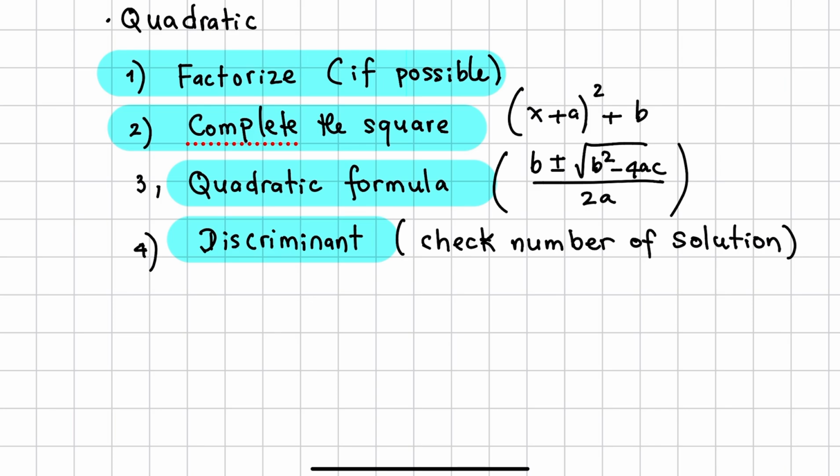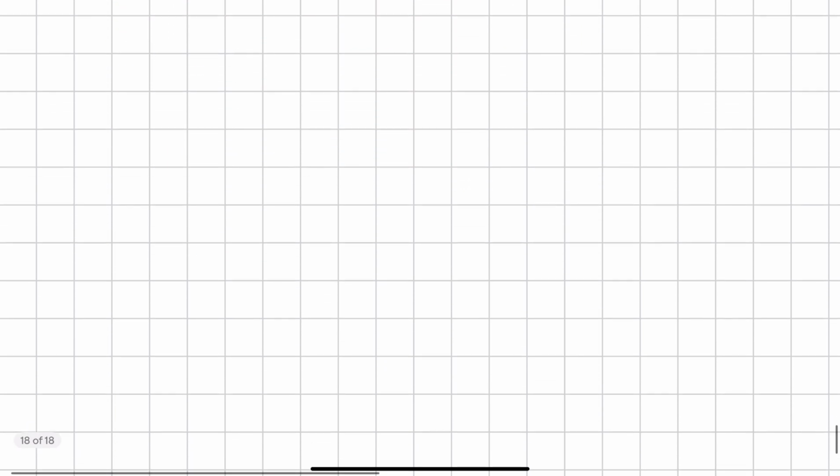So what is factorization? Factorization is where we make something into a multiplication. For example, I have 4x squared plus 2x. You can see this is 4x squared plus 2x.